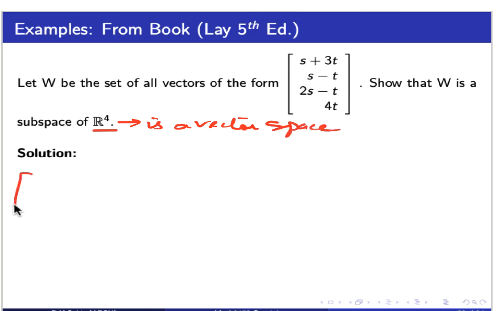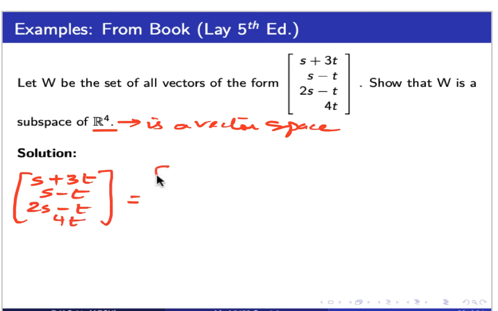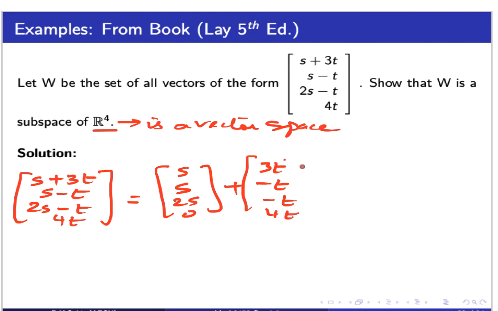Okay, let's look at this one. (s + 3t, s - t, 2s - t, 4t). Now I can write this as all the s's together, (s, s, 2s, 0), plus t times (3, -1, -1, 4).